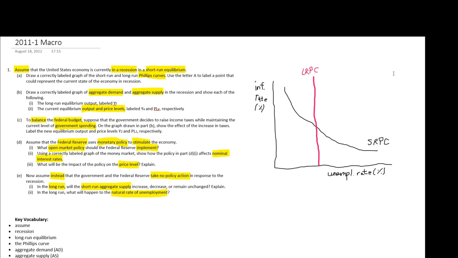Okay, that's the traditional view of this relationship. The LRPC, that's the long-run Phillips curve, is vertical. Okay, so for this question, you're just going to draw it somewhere in the middle, doesn't really matter where. And your short run, your SRPC, is going to intersect it at some point.